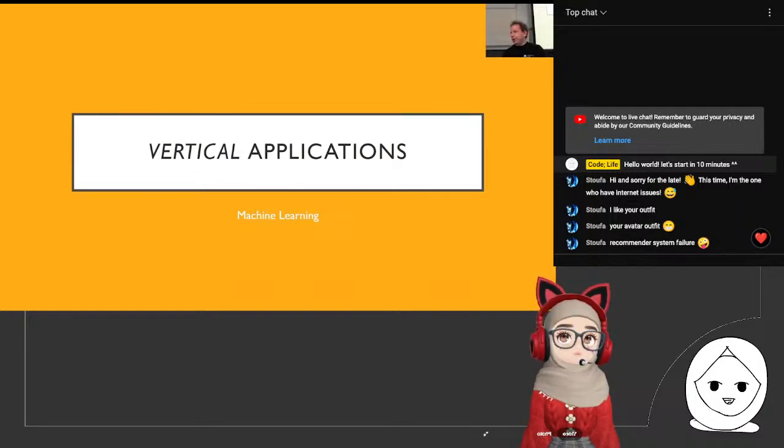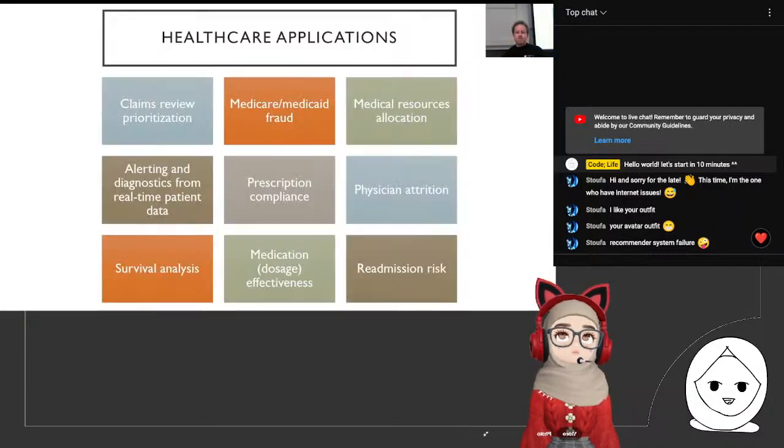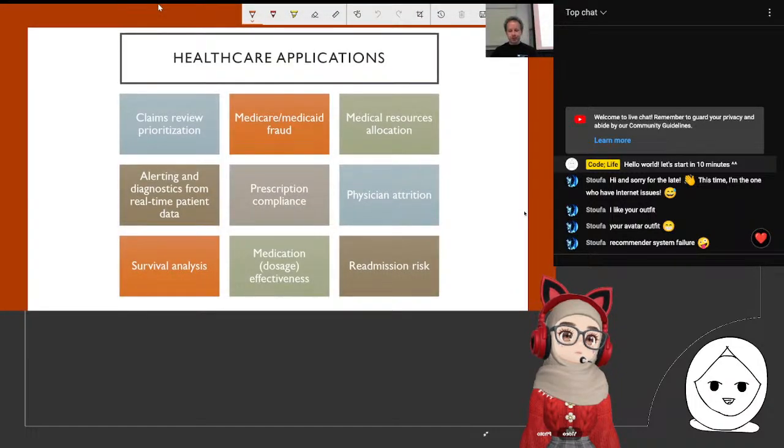As well as these horizontal applications that apply to basically every company, there's a whole bunch of applications that are specific to every part of the world. So for those of you that end up in healthcare, some of you will become experts in one or more of these areas, like readmission risk.